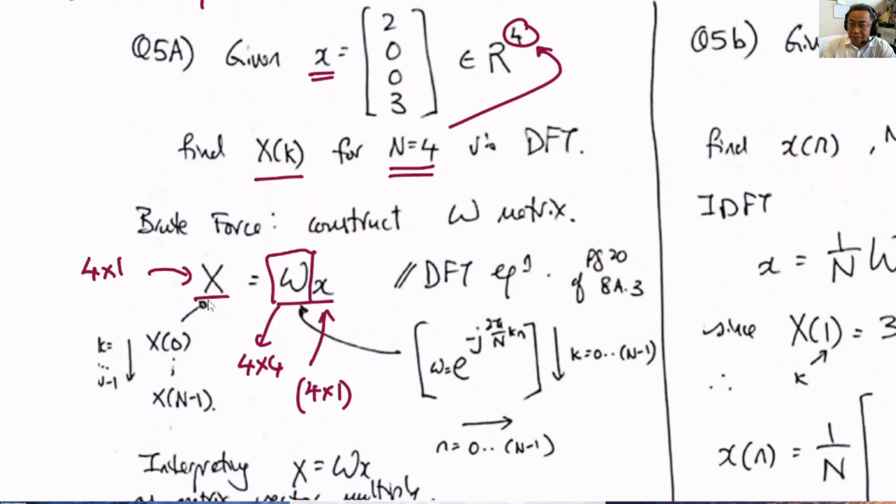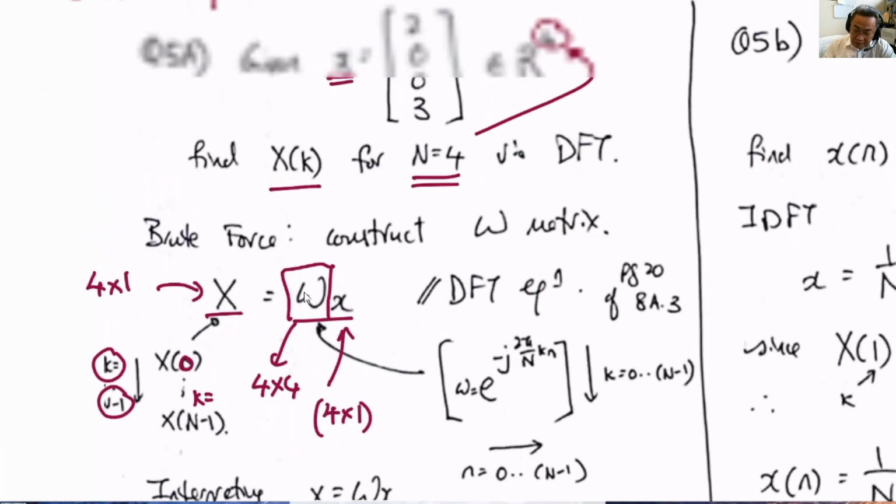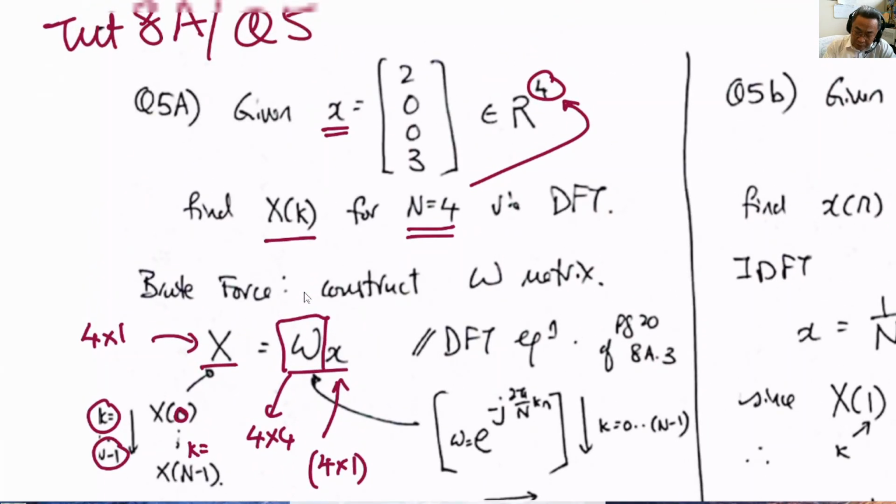Now, you'll see in many books that the DFT coefficients have index k, from 0 up to n minus 1. And similarly, the index for small x is from x 0 until small x, n minus 1.